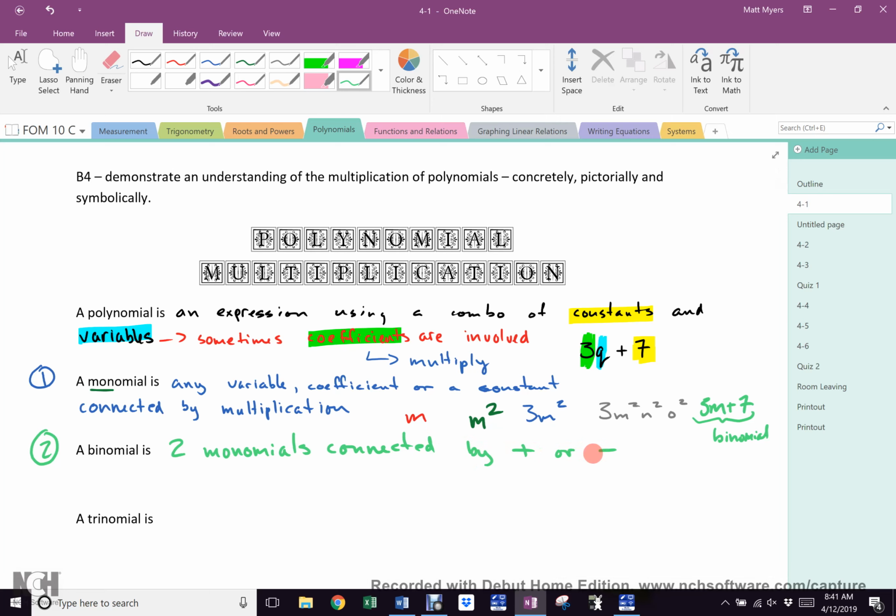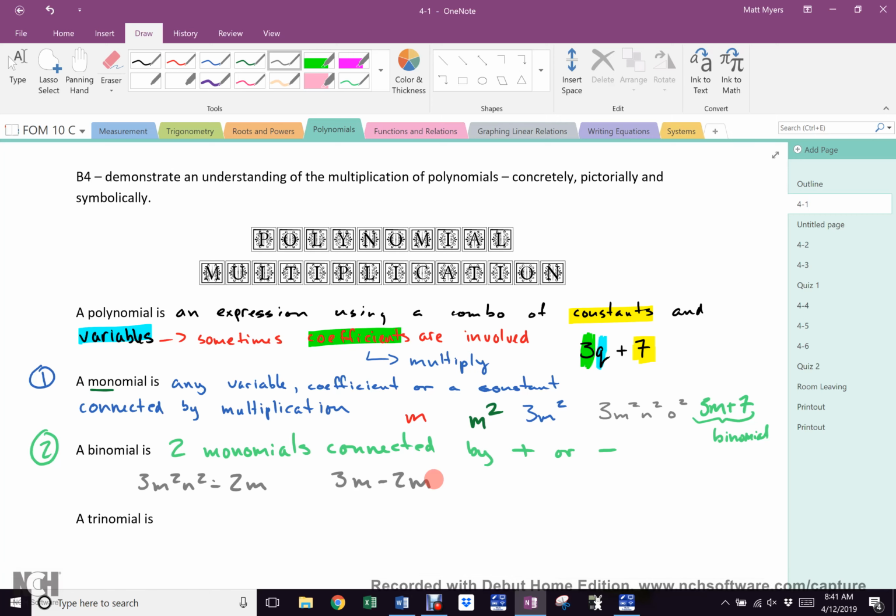Okay. So let's remind ourselves. 3m squared n squared minus 2m. Is that a binomial? Yes, because there's a minus in the middle. Everybody cool? Okay, what about this one? 3m minus 2m. As it's written now, it is, right?